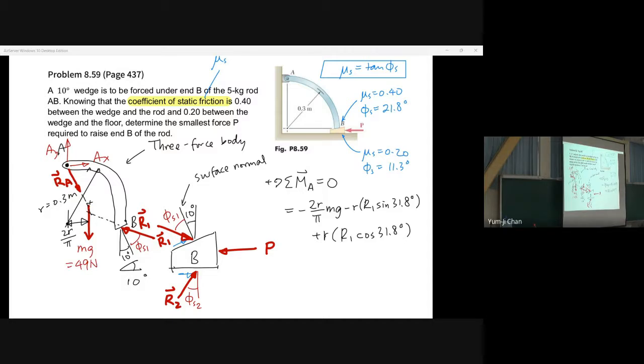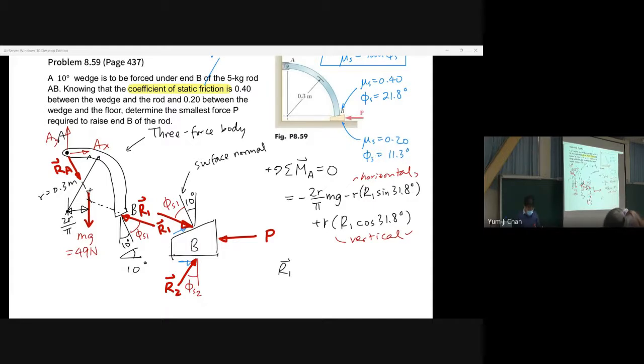This one is for the horizontal force, and this one is for the vertical one. Of course, you can use vectors, but in this case, I think this is fine.